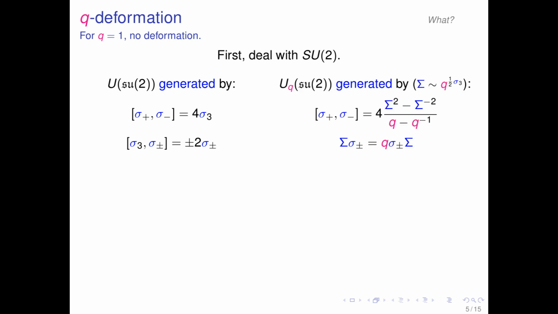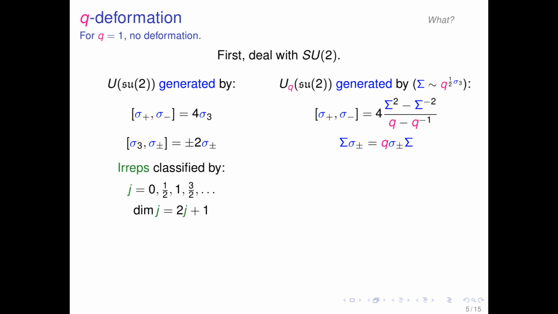On the q side, we take a similar algebra, with different generators and different relations. What is important to remember is that if q is taken to 1, which corresponds to the absence of deformation, these relations formally reproduce the commutation relations of the universal enveloping algebra.